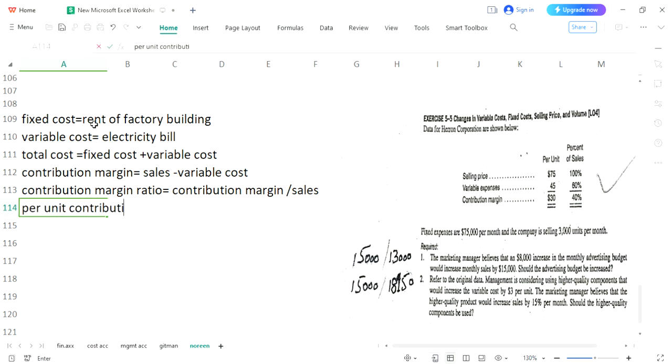contribution margin. How do you calculate it? You will have to focus upon this contribution margin as a whole. You subtract variable cost from the sale. Same we will be doing over here as well. You will subtract your sales minus variable cost.